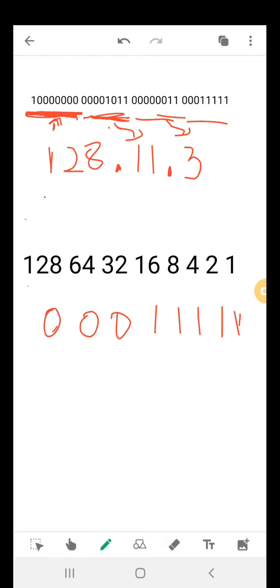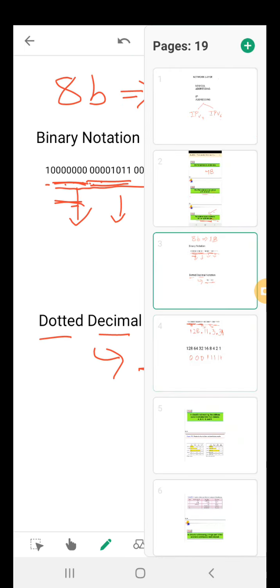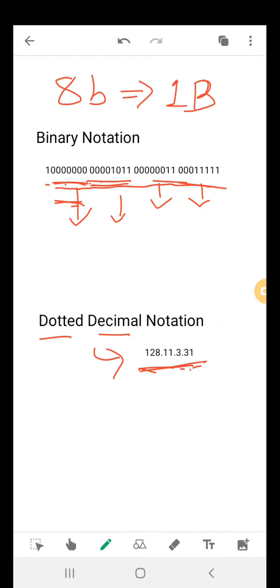So this is going to give us value 31. So its corresponding decimal value is equal to 31. So you can compare it with the previous example that we had seen, which is equal to 128 plus 11 plus 3 plus 31. So this is what we are getting.